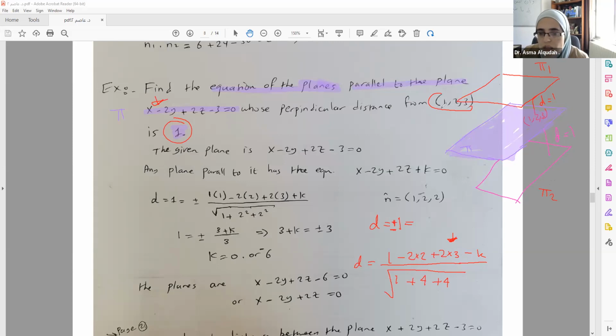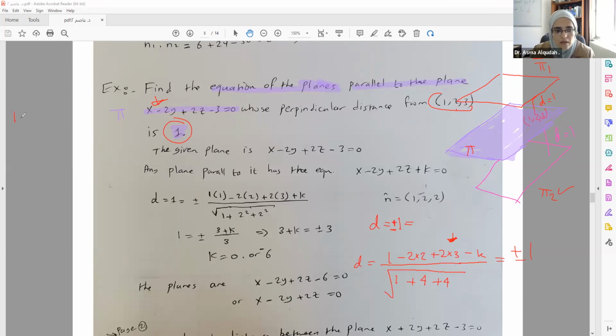We substitute the point (1, 2, 3) that lies on plane pi into the equation of pi 1 and pi 2. The constant term k is not known, but what is known is the distance d, which is plus or minus 1 to refer to the direction: one time above the point, and the other time under it. So we have only one variable, k, and we solve for k.